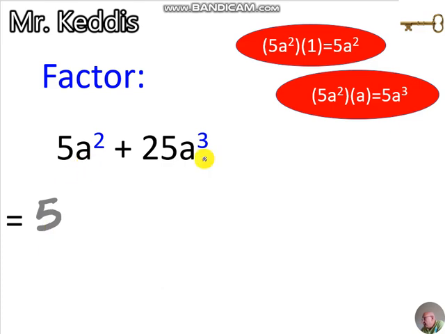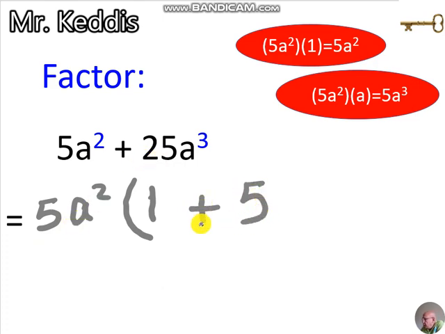I have a squared and a cubed, I take the lowest power, a squared. 5a squared times what to get 5a squared times 1? 5a squared times 1, you get 5a squared. 5a squared times what, you get 25 times 5. Here plus. And a squared times what, to get a to the third power times a. Because 5a squared times a, you get 5a cubed.